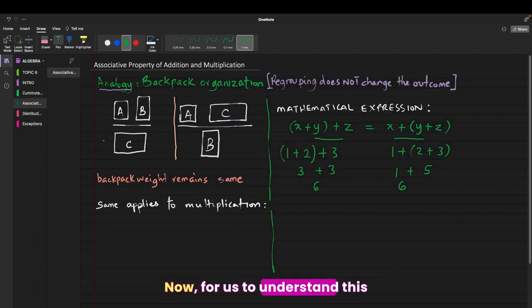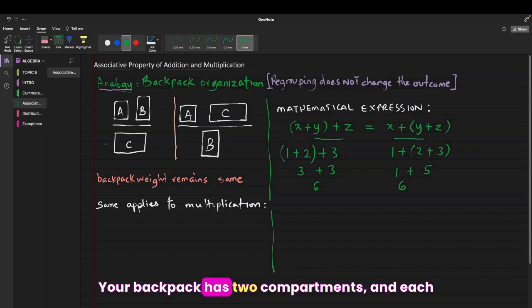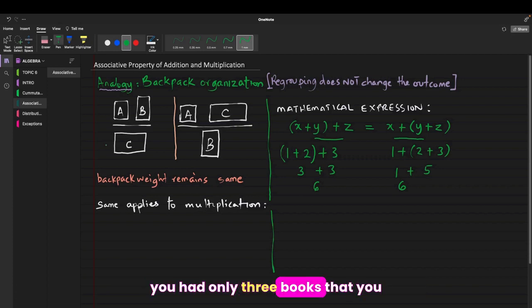Now, for us to understand this better, let's take an everyday example. Let's say, for example, your backpack has two compartments, and each of these compartments can take 2 books. However, when you were preparing for school, you had only 3 books that you wanted to take to school, right?